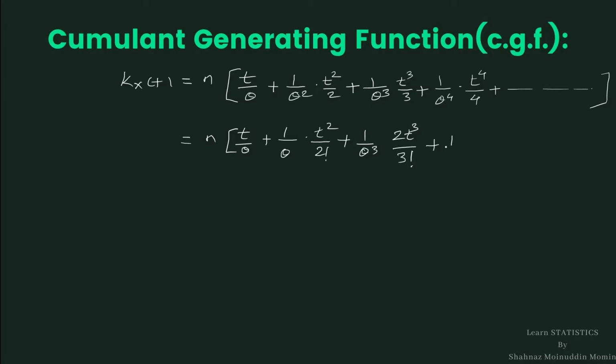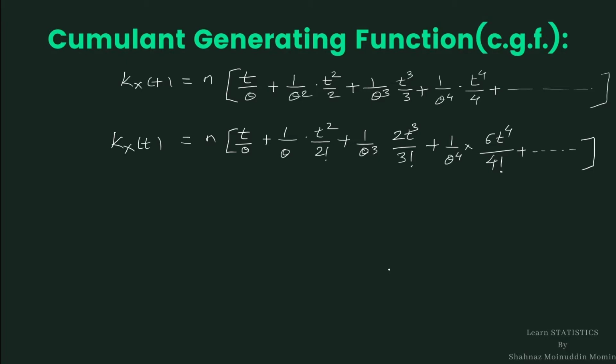Similarly, in the fourth term, I will adjust 4 factorial in the denominator. For that, I have to multiply numerator and denominator by 6. So it is 6 t raised to 4 divided by 4 factorial plus dot dot dot up to infinity. This is our cumulant generating function of gamma distribution.